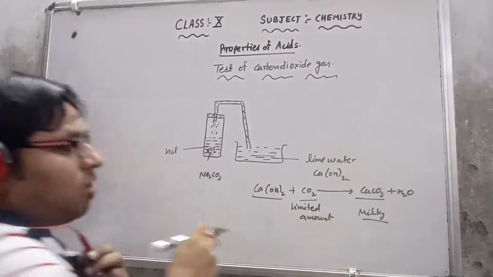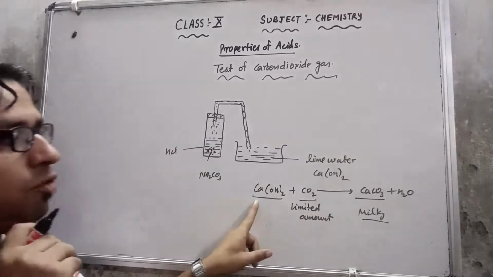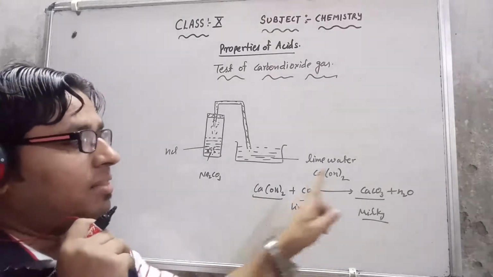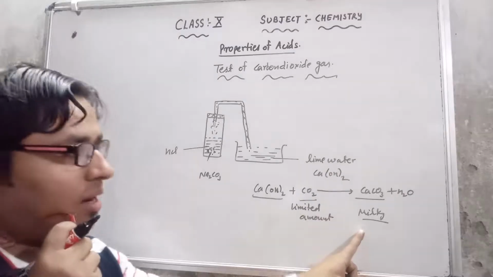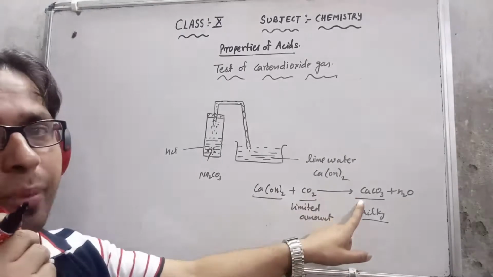If the carbon dioxide gas is passed to the lime water in limited amount, then I get a milky color. The milky color is due to the formation of calcium carbonate.